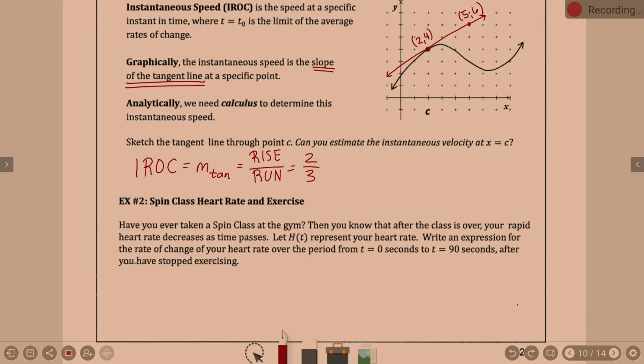Okay. So slope of the secant line versus slope of the tangent line. Slope of the secant line is easier in a way because you already know your 2 points. Slope of the tangent line is a little bit trickier because we're not all going to be identical.